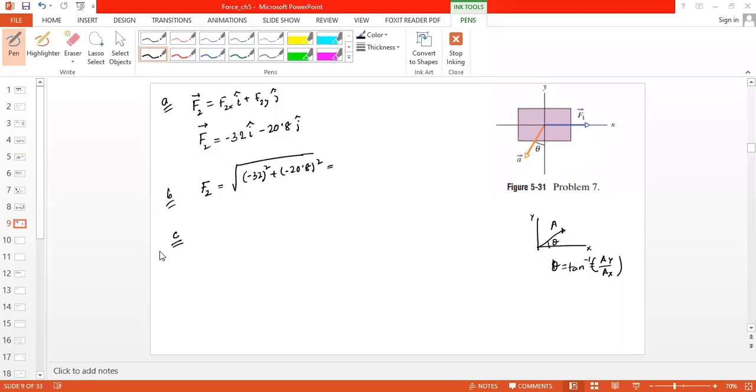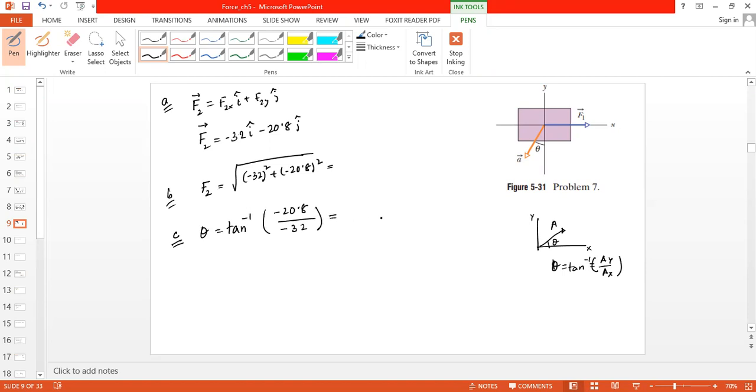Okay. So now this is the formula, tan inverse of y component by x component. For F2, the y component is minus 20.8 and the x component is minus 32. So the angle that F2 makes with the positive x-axis will be theta equal to tan inverse of minus 20.8 over minus 32.